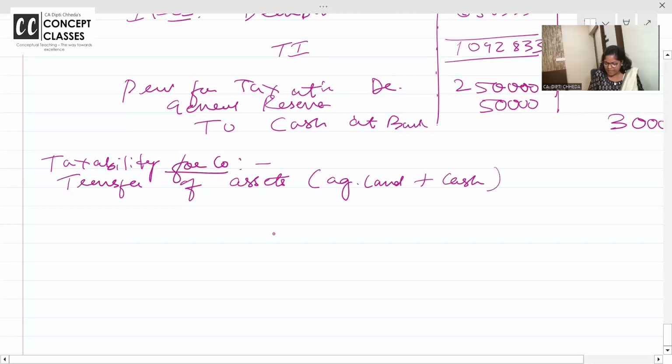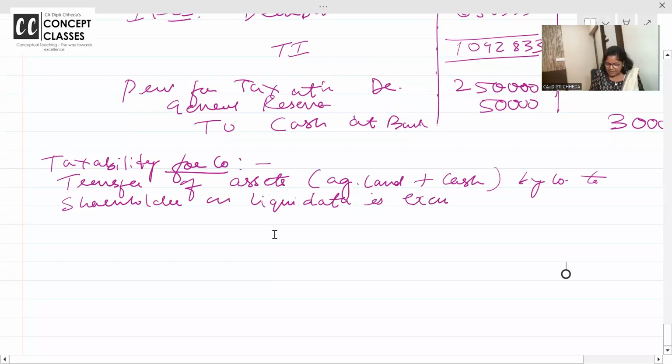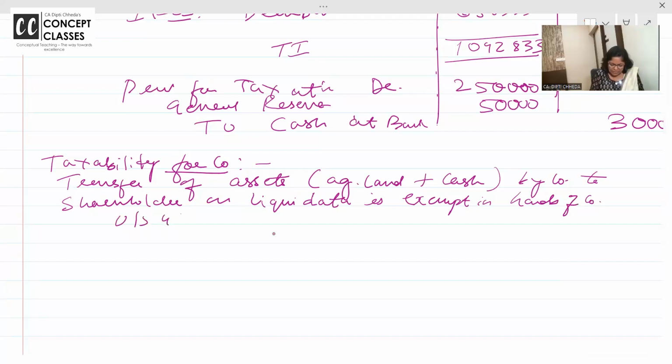Agricultural land plus cash by company to shareholders on liquidation is exempt in hands of company under section 46(1). Over and out. Transfer of assets by the company to the shareholders on liquidation is exempt in the hands of shareholders.